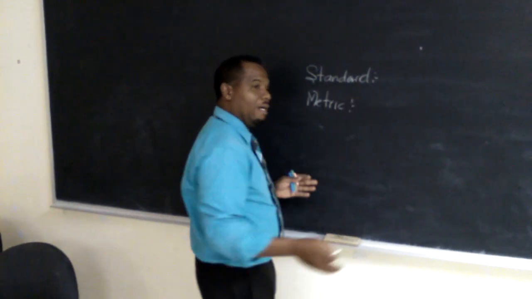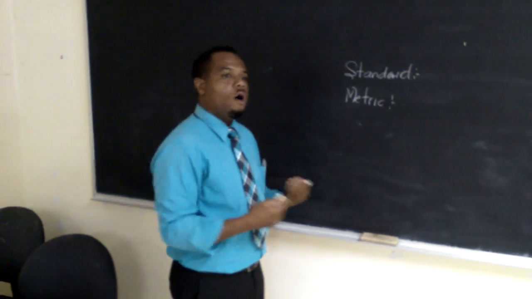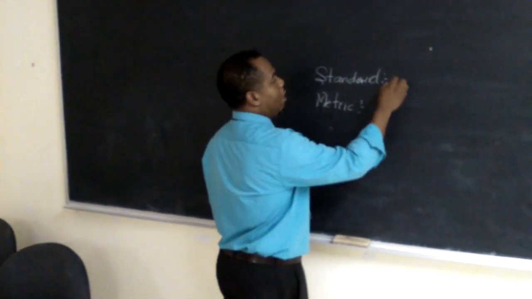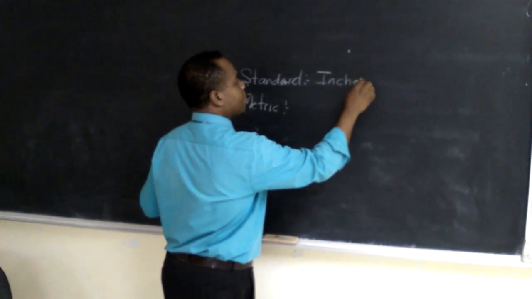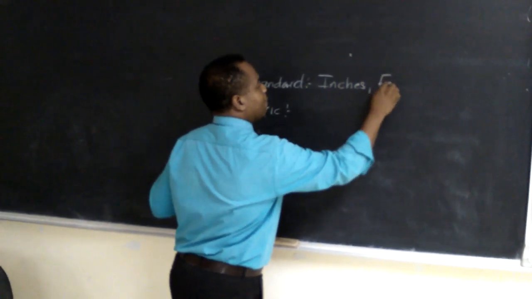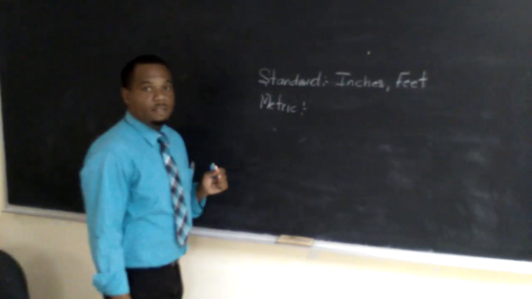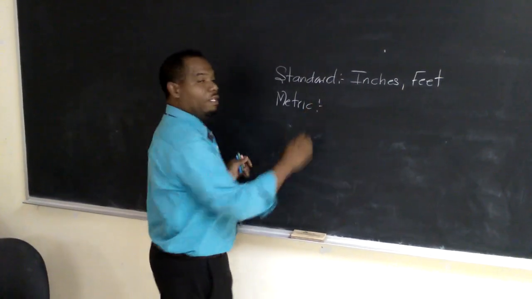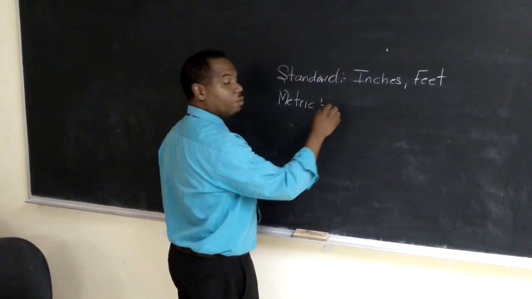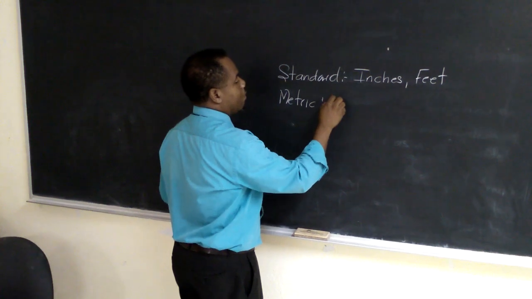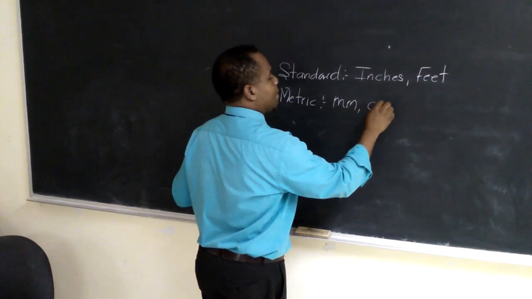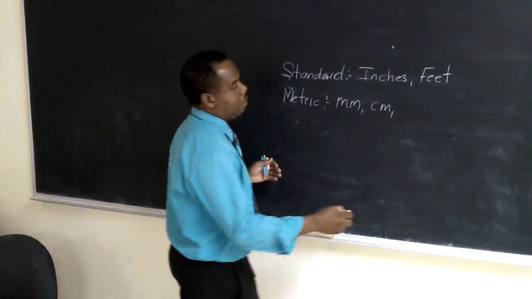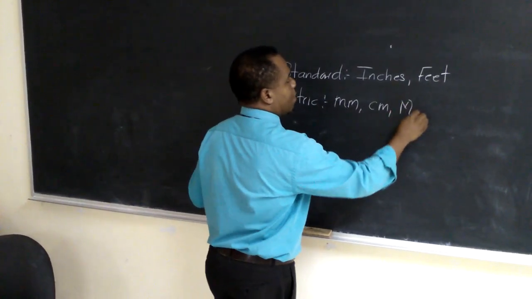And so for the standard system of measurement, our focus will be on inches and feet, while with the metric system, our focus will be on using the millimeter, the centimeter, and possibly the meter.